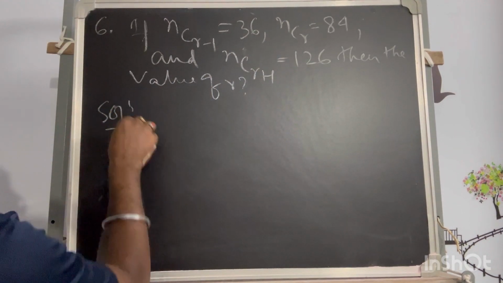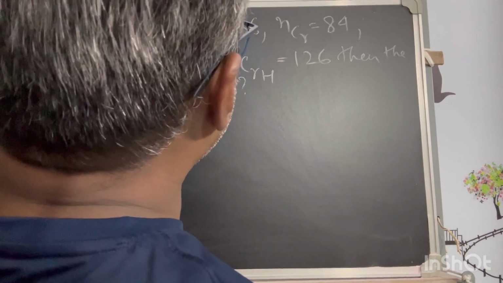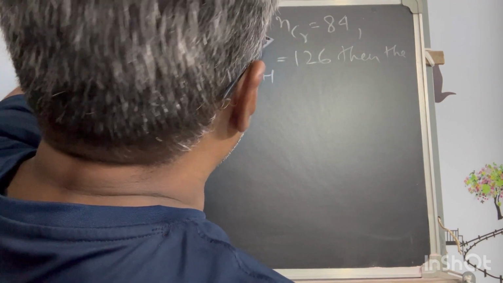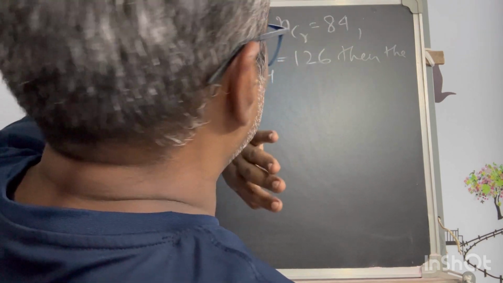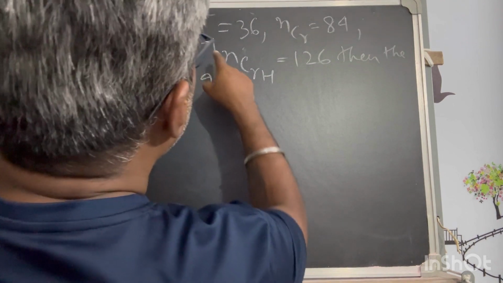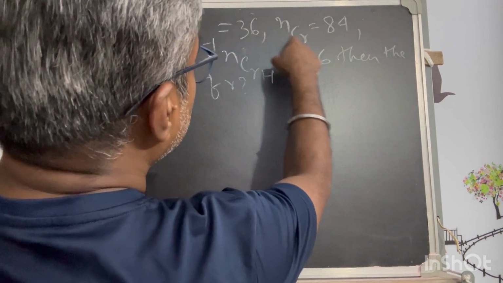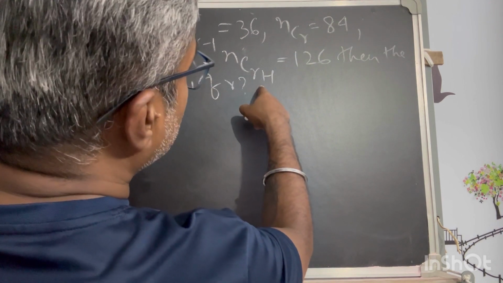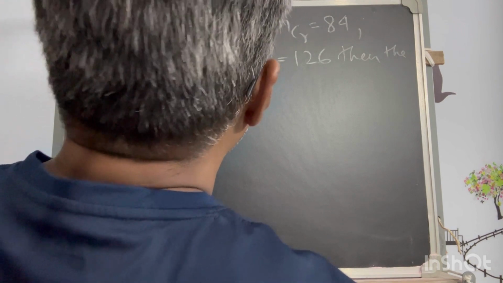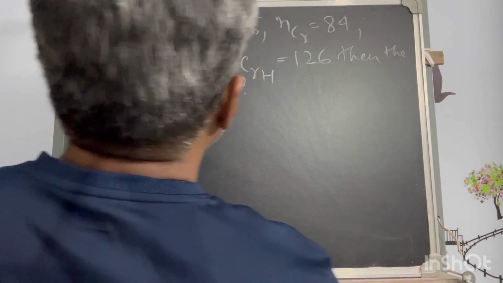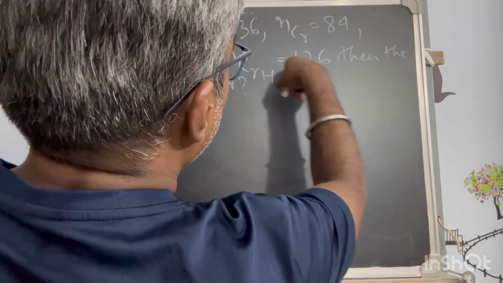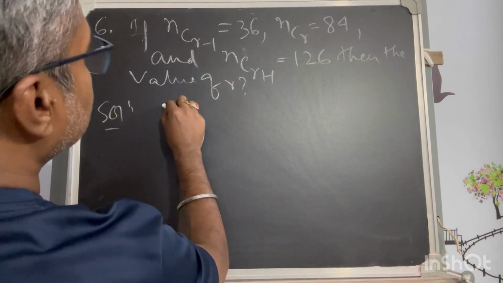The solution: there are three equations, because the unknowns are n and r. So definitely you can find the value of r. So let us understand: nC(r-1) is 36, nCr is equal to 84, and nC(r+1) is equal to 126. Is there any relation in that? No. So okay, fine.